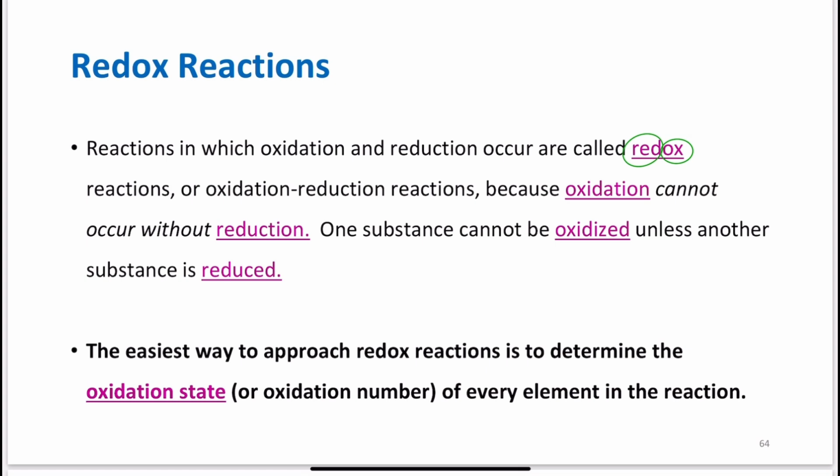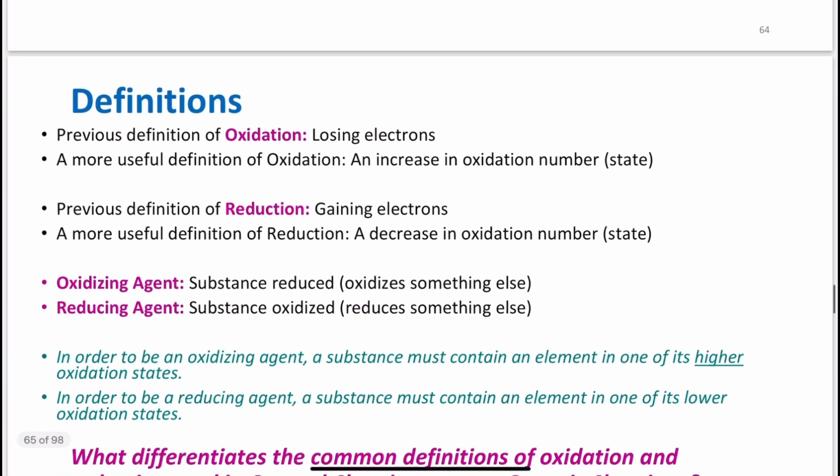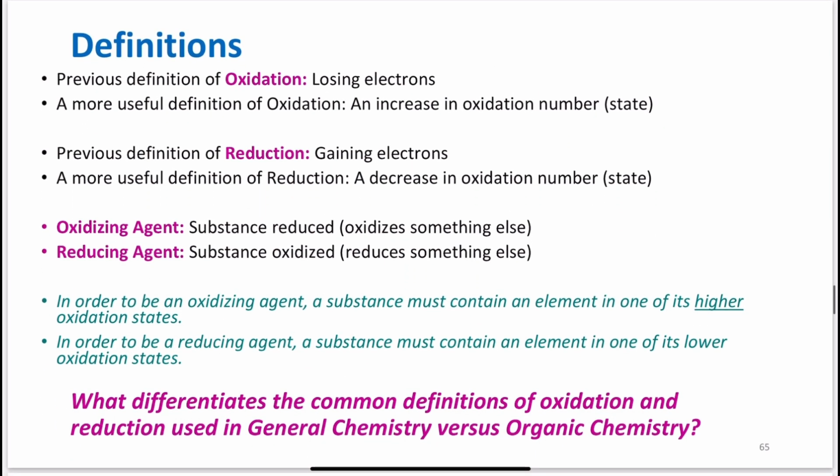The easiest way to approach redox reactions is to determine the oxidation state number, or your oxidation number, of every element in the reaction, and then think about what's changing. So we told you that oxidation is losing electrons, and that is correct. That is absolutely 100% the fundamental definition. But a more useful definition of oxidation is an increase in oxidation number or state.